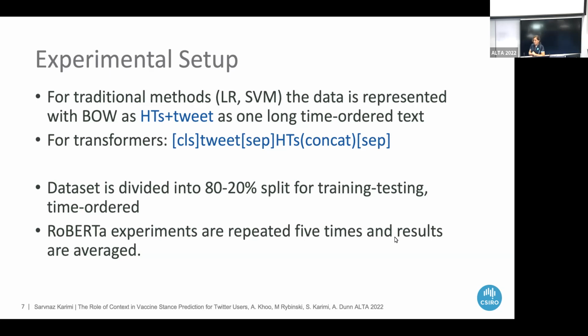We divided the data set into 80% and 20% for training and testing. Because tweets can leak information into the future if you just randomly split it, we made sure that we time ordered the tweets for our split. And RoBERTa experiments were repeated 5 times so that we get a standard deviation there.